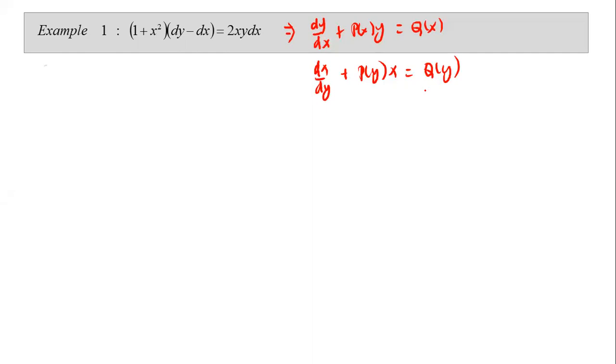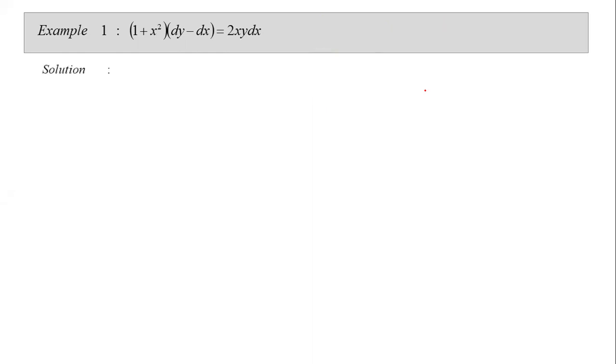Okay, so what I'm going to do now is divide everything by dx, since we don't want dx here, and we don't want 1 plus x squared here, so we just multiply by 1 all over (1 + x squared) dx.